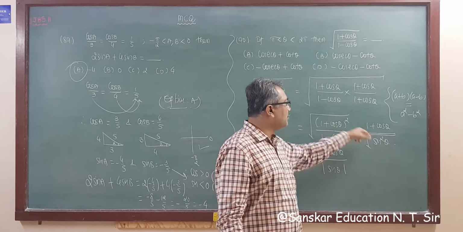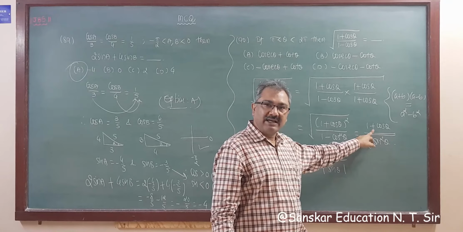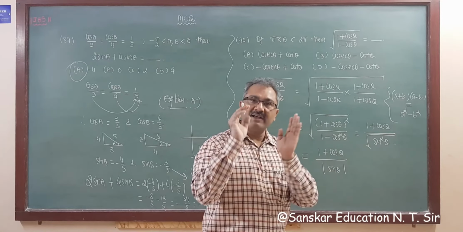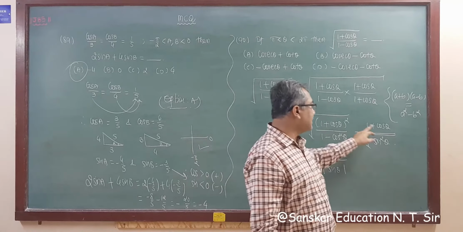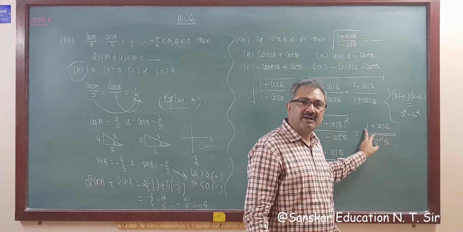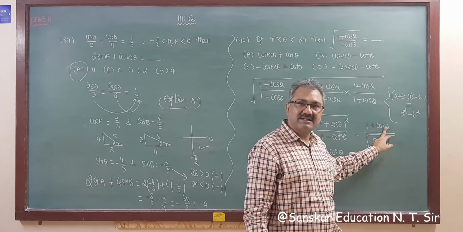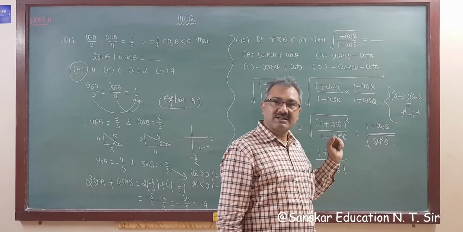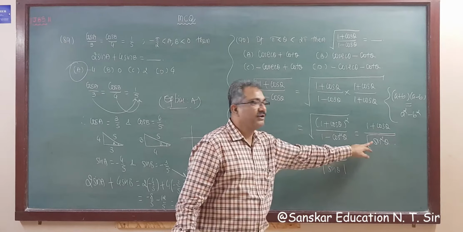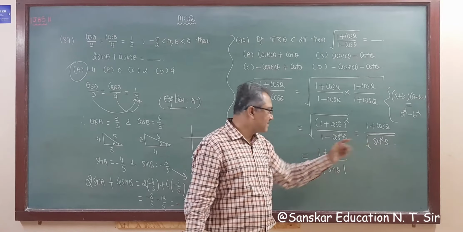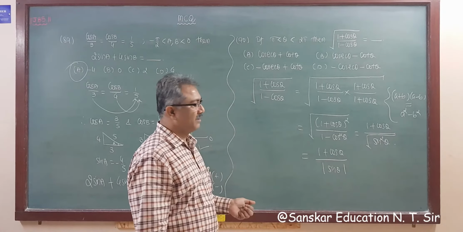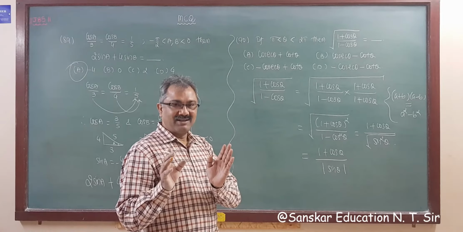So no need to take modulus here, because the range of cos theta is minus 1 to 1. If we take minus 1, then 1 minus 1 is 0, so this is never negative. That's why I am taking plus. And here we don't know if it is negative or positive, that's why we are taking modulus. Got it? Okay?